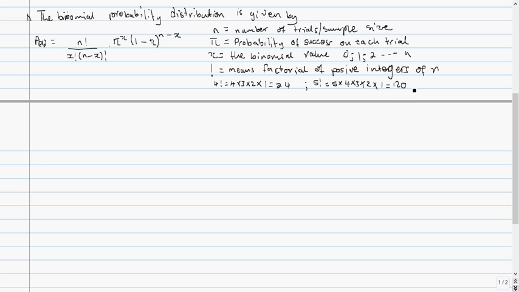So 120. But take note, 0 factorial is equal to 1. That's an important result there. You should always know. Okay, so that's basically an explanation of each and every key term in the binomial probability distribution.